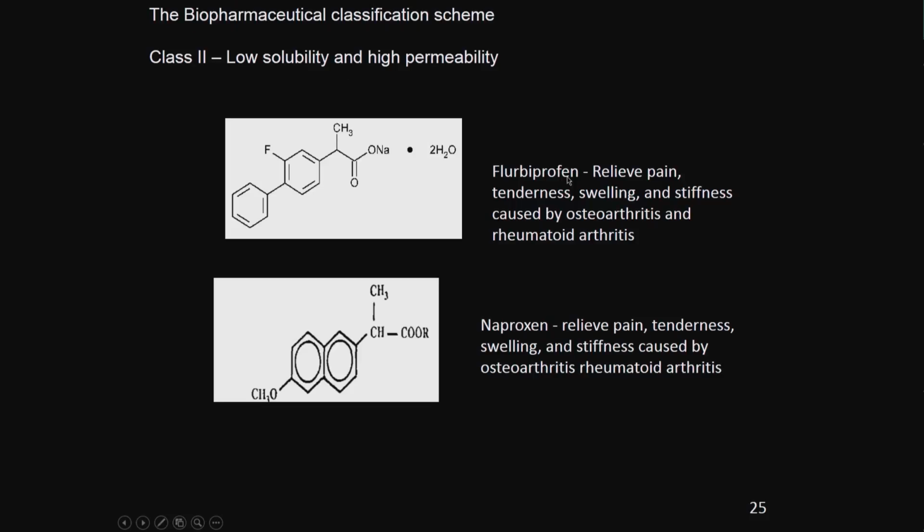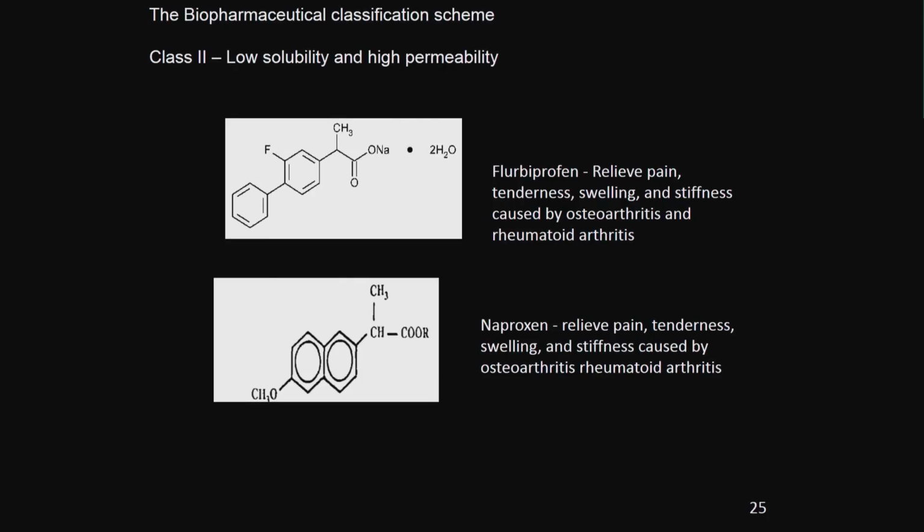Flurbiprofen, just like ibuprofen, okay, flurbiprofen relieves pain, tenderness, swelling, stiffness, given for osteoarthritis, rheumatoid arthritis. Naproxen relieves pain, tenderness, swelling. So it has got low solubility, that means a lot of drug can get excreted from the body because it does not fully dissolve, but permeability there is no problem at all.